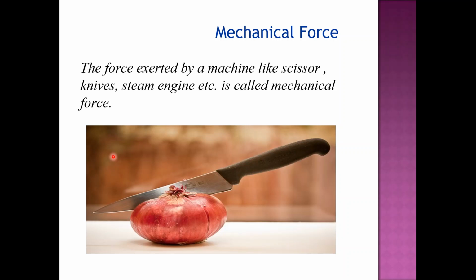These machines utilize muscular force exerted by a person to do the job. Here you can see this is a knife, and the force exerted by the knife on this onion is mechanical force.